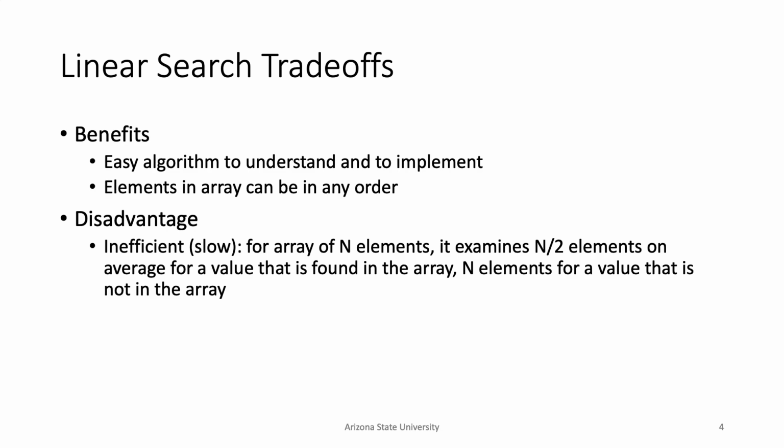If we go through all of the elements in the vector and exit the for loop without having found it, it can't be in the list. And the great thing is that no matter what the element order is in the list, it just doesn't matter. It will always work. It doesn't matter if it's sorted or not. Sequential or linear search will always work.